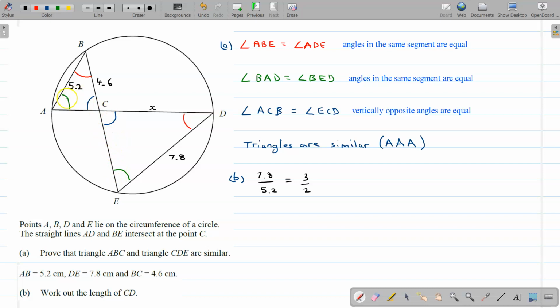But it's not, because it's all flipped over. The 4.6 and the 5.2 have the red angle in between them. The 7.8 and the X have the red angle in between them. So this X is simply going to be 3 over 2 times 4.6, and that is 6.9 centimeters. And that's the answer to the question.